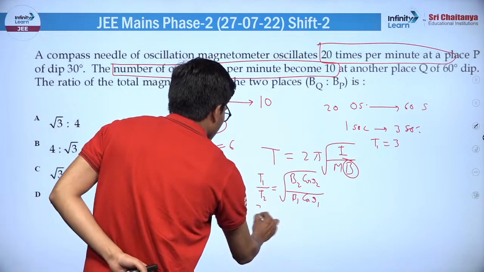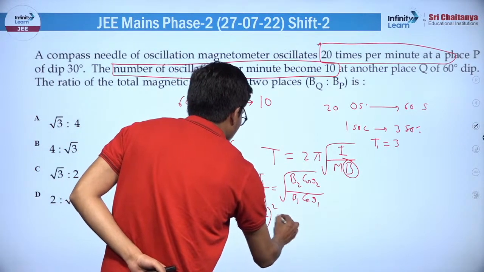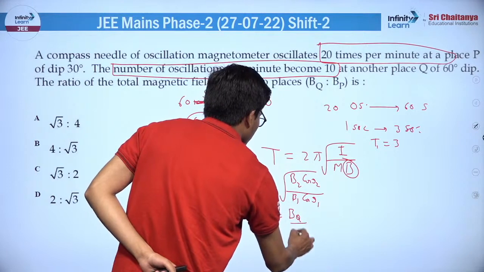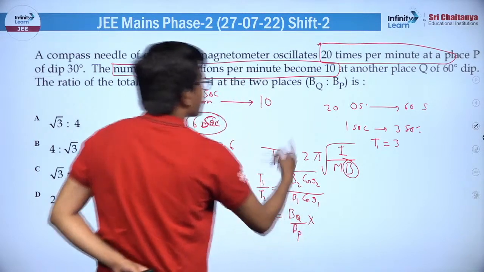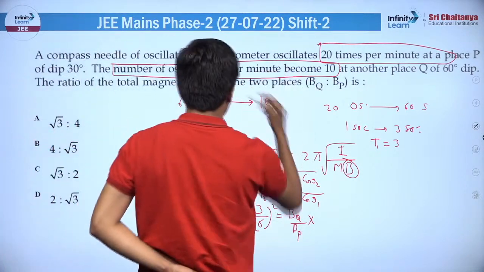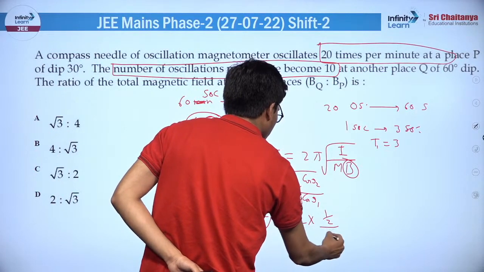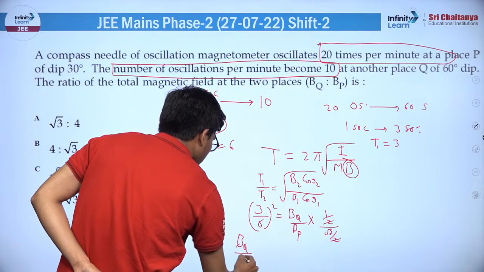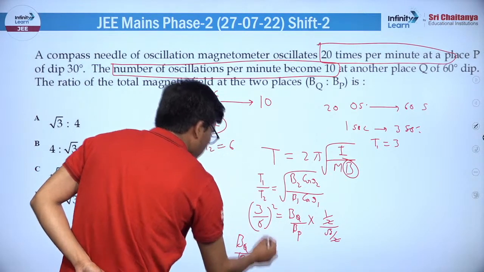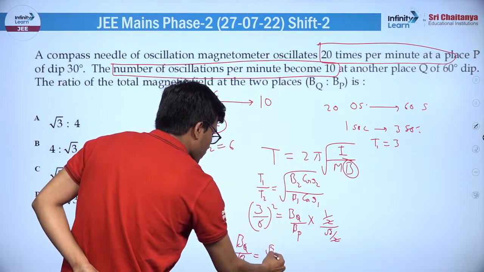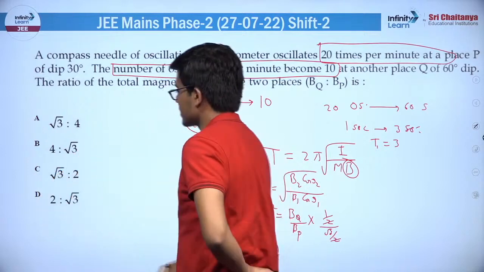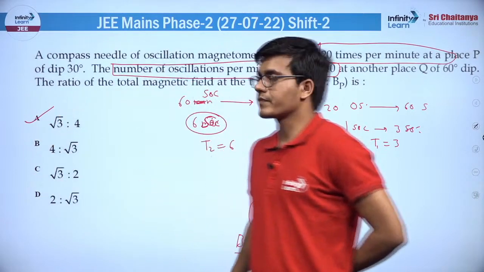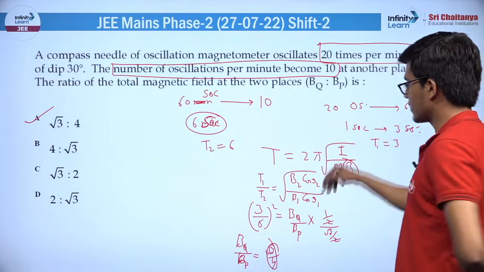So T1 is 3, T2 is 6, square both sides, this will be BQ, this will be BP, and the second angle is 60 degree, first angle is 30 degree. Cos 60 is 1 by 2, cos 30 is root 3 by 2. So BQ by BP is actually equal to, its square will be 1 by 4. So root 3 by 4 should be my answer, that is in A option. Such a simple question, direct formula based question.